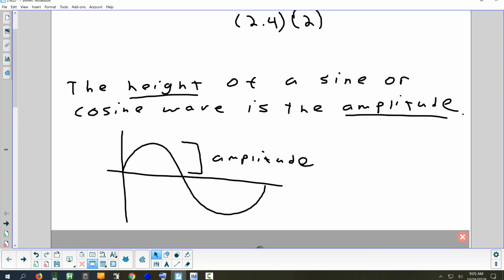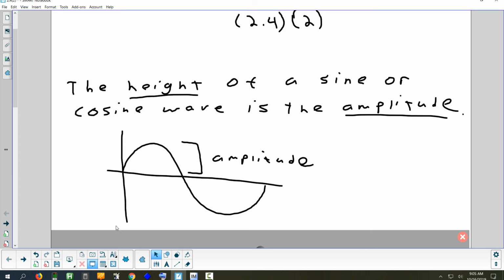Now, amplitude, I said it's a height. So if the amplitude is a height, what kind of number does that mean it will always be? Yep. It is going to be on the y-axis, so it's going to affect the y values when you do a transformation. But I'm just thinking about the type of number itself. Think about heights.